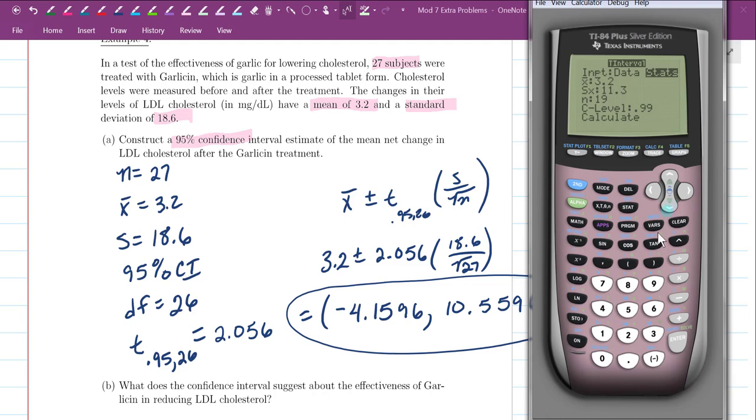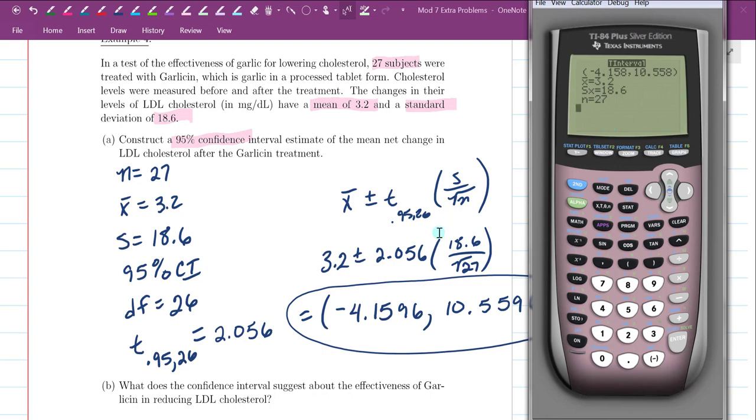Our standard deviation is 18.6. Scroll down. Our sample size is 27, and we're doing a 95% confidence, so we've got to change that to 95 and hit enter. And there is our confidence interval, exactly what we just calculated over here. Little minor rounding errors.